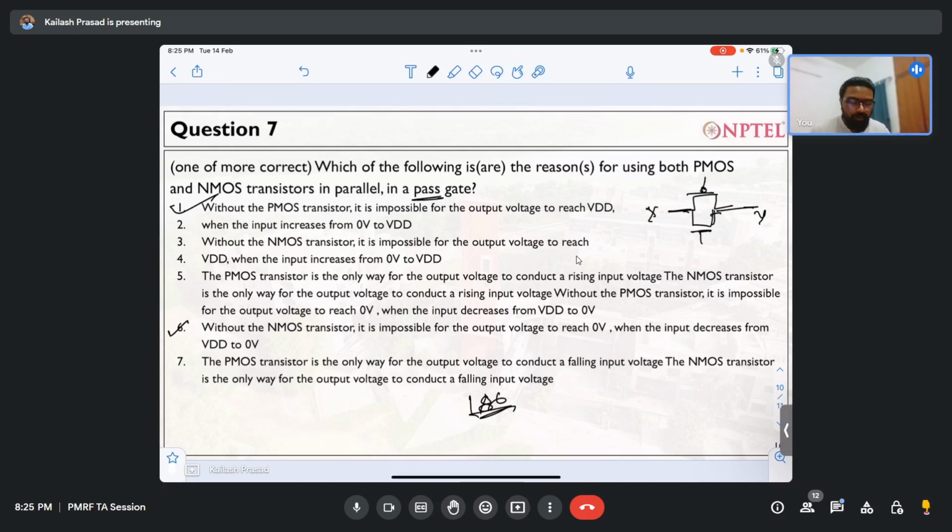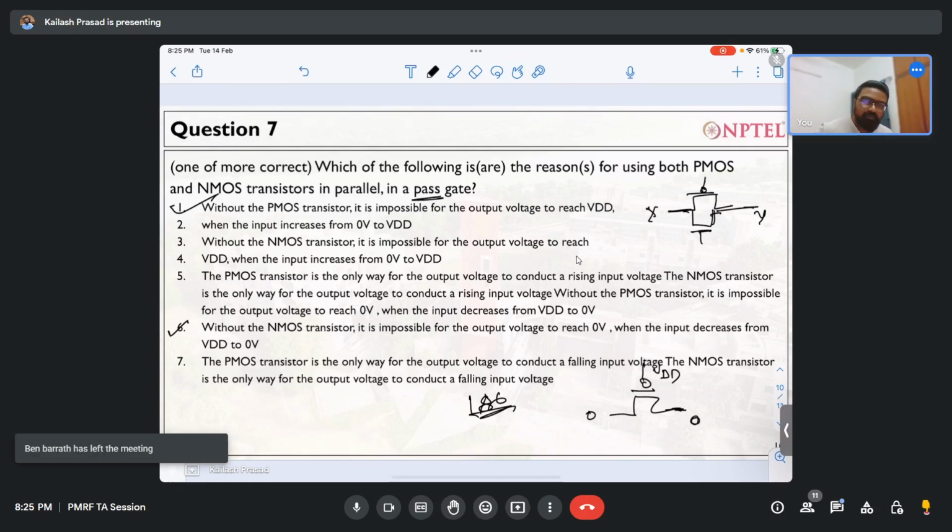Now I have a quick question. If I have this PMOS, and I pass 0 and here it is VDD, what will be the output? PMOS cannot pass the low logic.